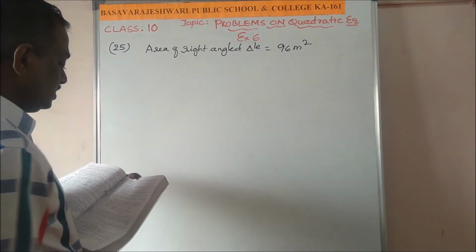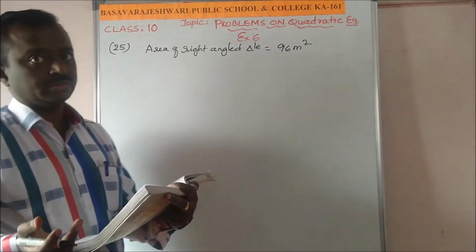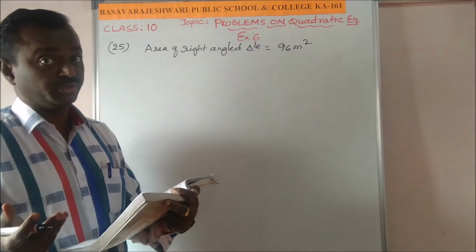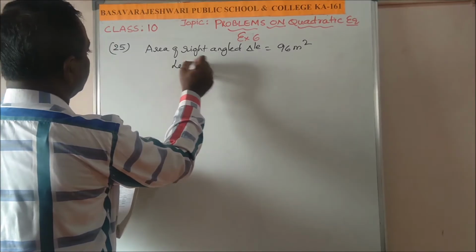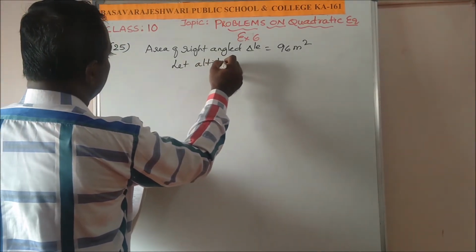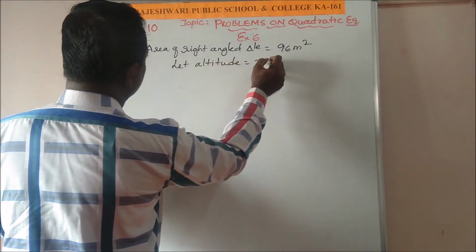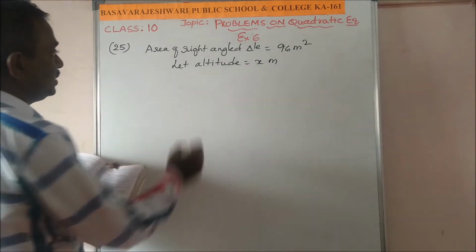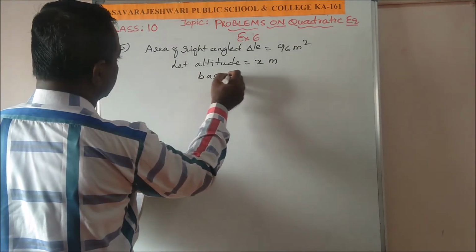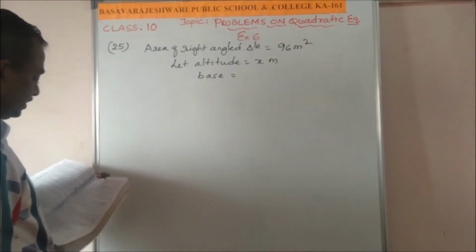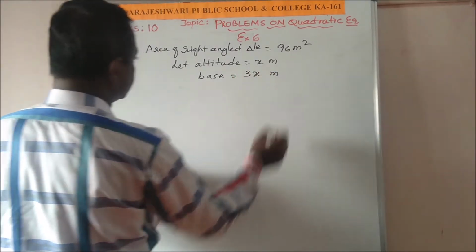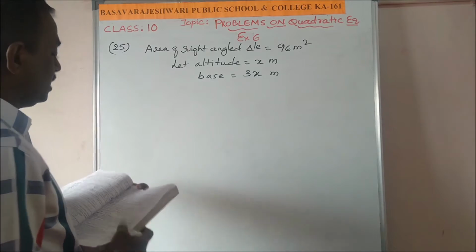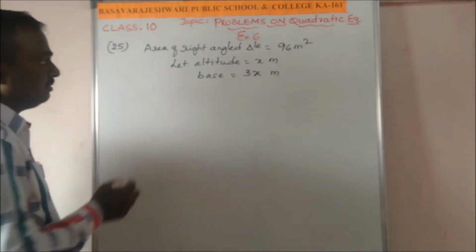If its base is 3 times its altitude, but altitude is not given, so let the altitude be x meters. Therefore base is equal to 3 times of altitude, 3 into x meters. Find the base.